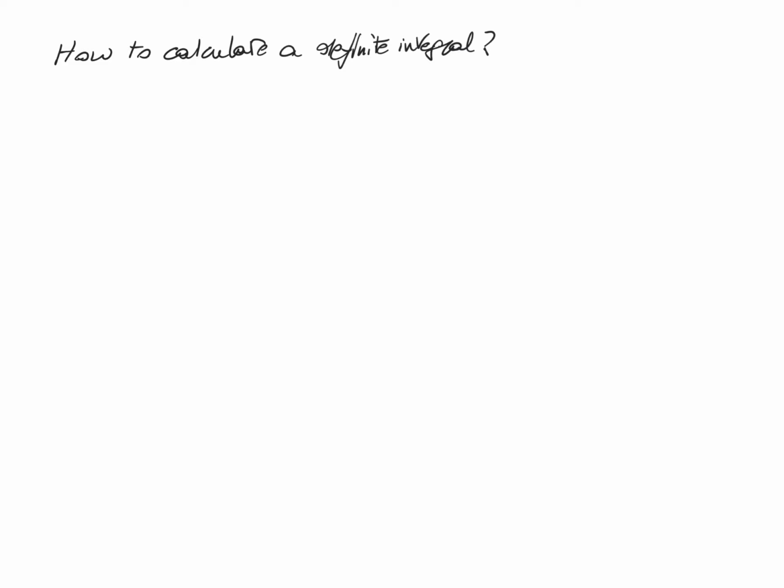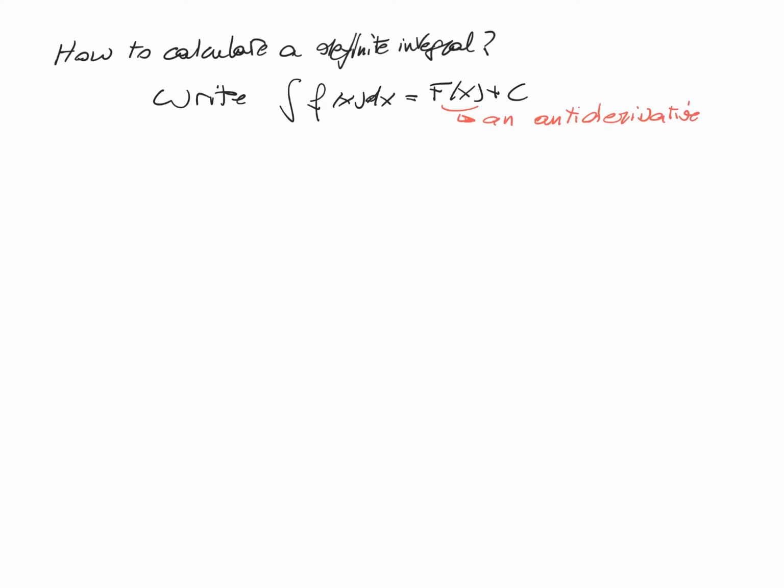Let us first introduce some notation. Write the integral of f of x dx as being capital F of x plus a constant. This capital F of x is called an antiderivative of small f of x.